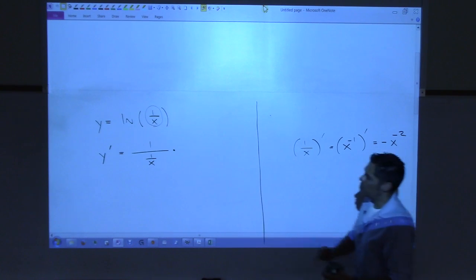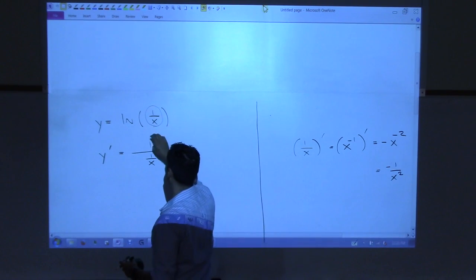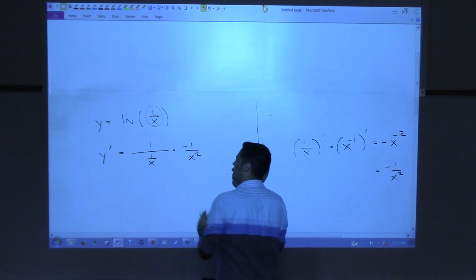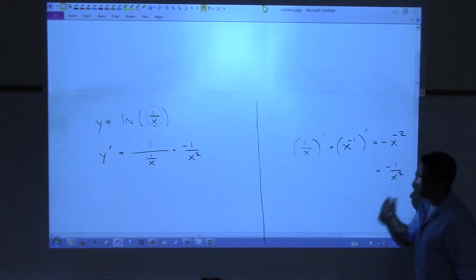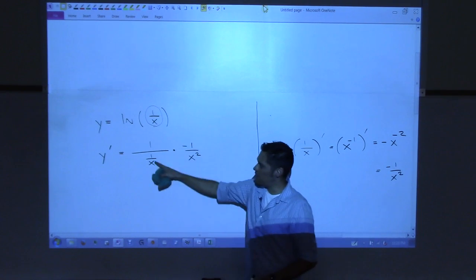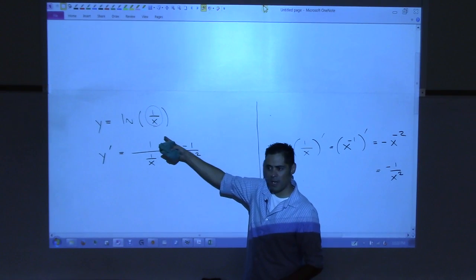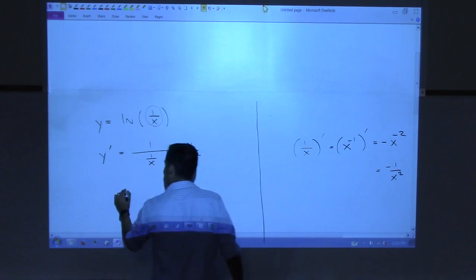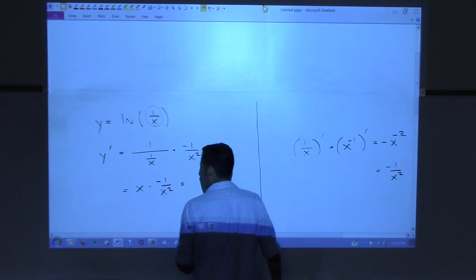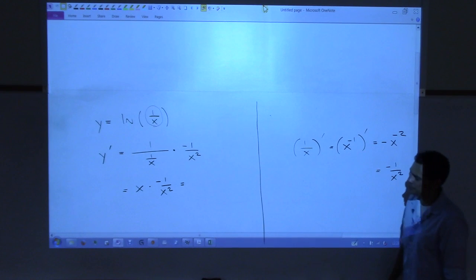So I did derivative of natural log of something was 1 over the something times -1 over x squared. What is 1 over 1 over x? It's right here. This is just x, right? That just reciprocates up. So you get just x here. X times -1 over x squared. What can you do there?